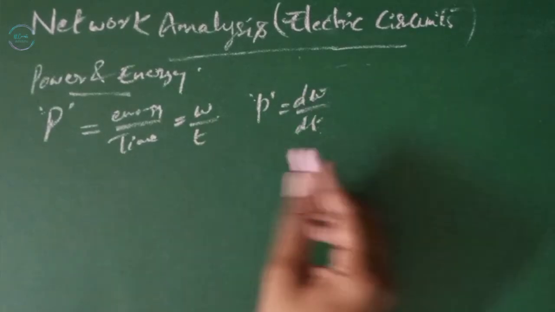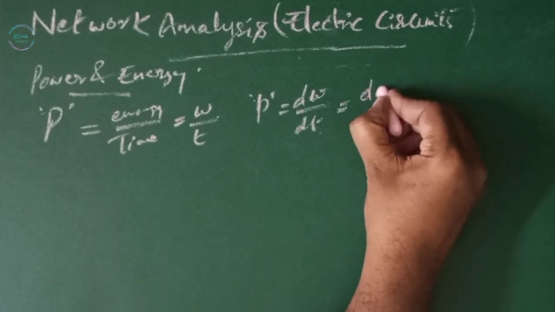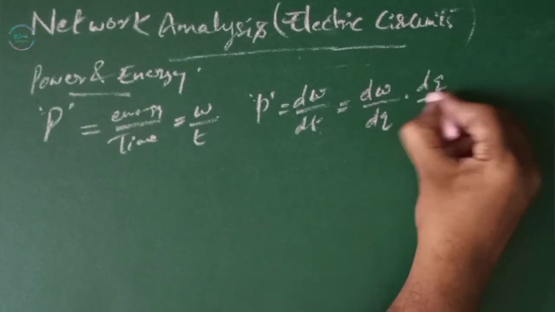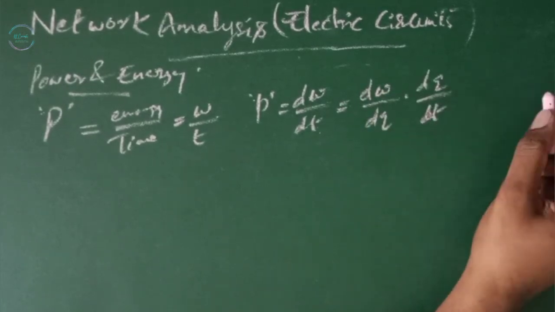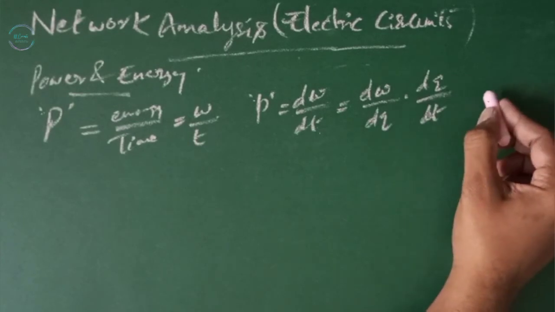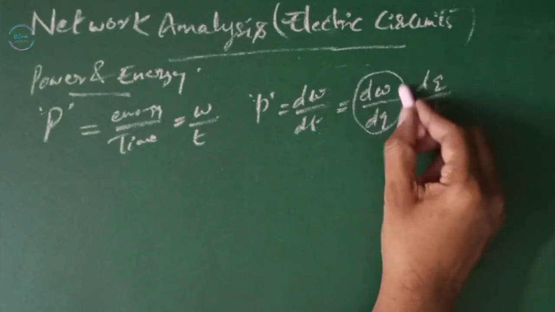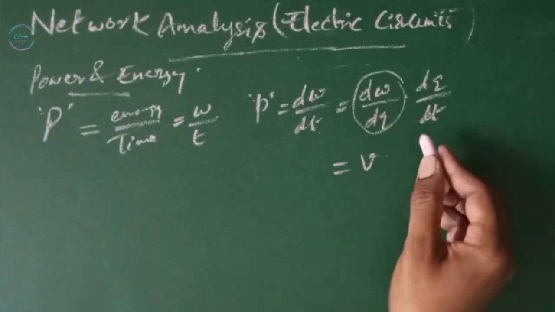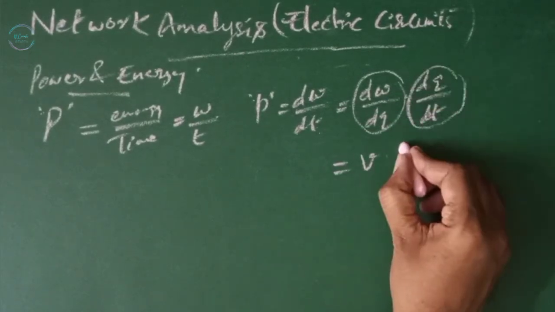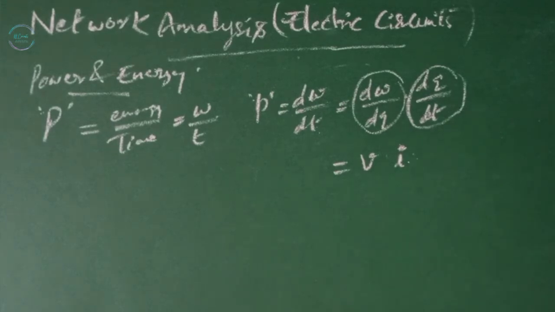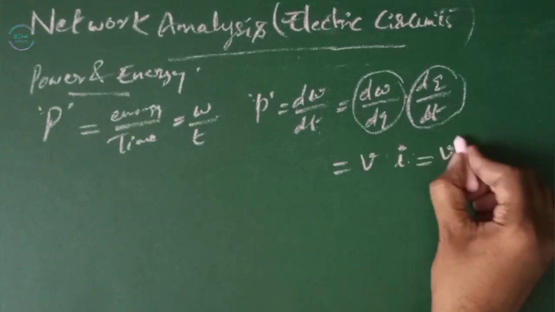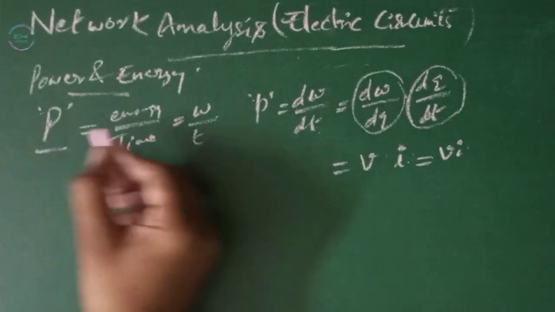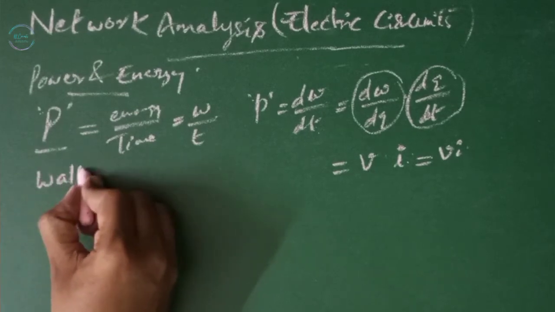Now we can write this as dW by dQ multiplied by dQ by dt, by multiplying and dividing with dQ. Work per charge is nothing but voltage, and dQ by dt, the rate of change of charge, is I. The unit for power is watts.